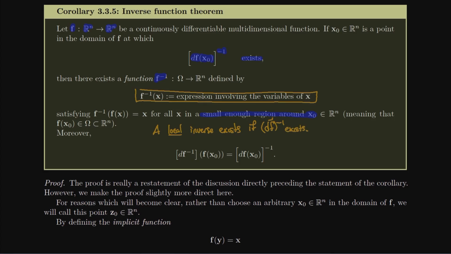This actually makes a lot of sense, even going back to calculus 1. Where would you find out a function isn't invertible? You would find out a function is not invertible when it fails the horizontal line test. And a function fails the horizontal line test specifically when the derivative of the function is equal to 0. So when the derivative of a function equals 0, we fail the horizontal line test. Maybe not always, but it's at least enough to not guarantee that we pass it.